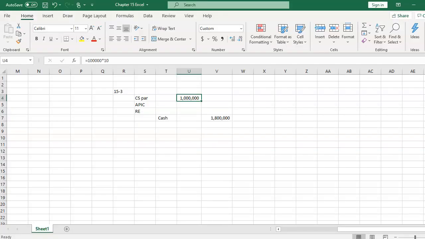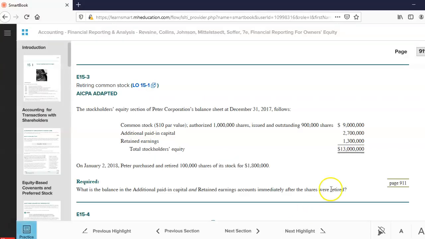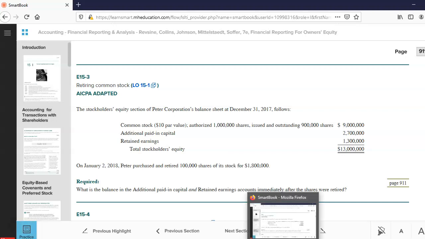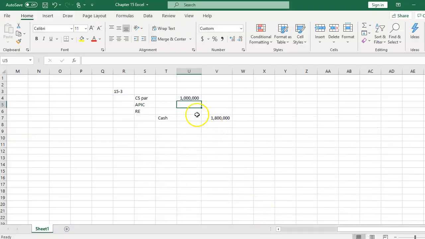And then we debit additional paid-in capital. And this is where it's a little bit tricky. This one is not quite as straightforward. What you have to do is go back to the problem, and we have to recognize that additional paid-in capital is 2.7 million, and 900,000 shares were issued. You just have to recognize that combination, and once you do, you're fine.